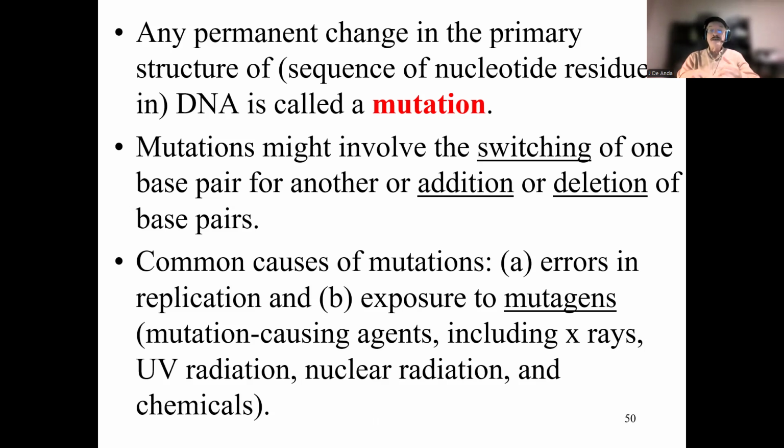There are also environmental agents that we call mutagens, and these are essentially elements, chemicals, radiation, aspects of the environment that can cause these mutations. So this could be, for example, UV radiation, X-rays, nuclear radiation, and also possibly some chemicals.